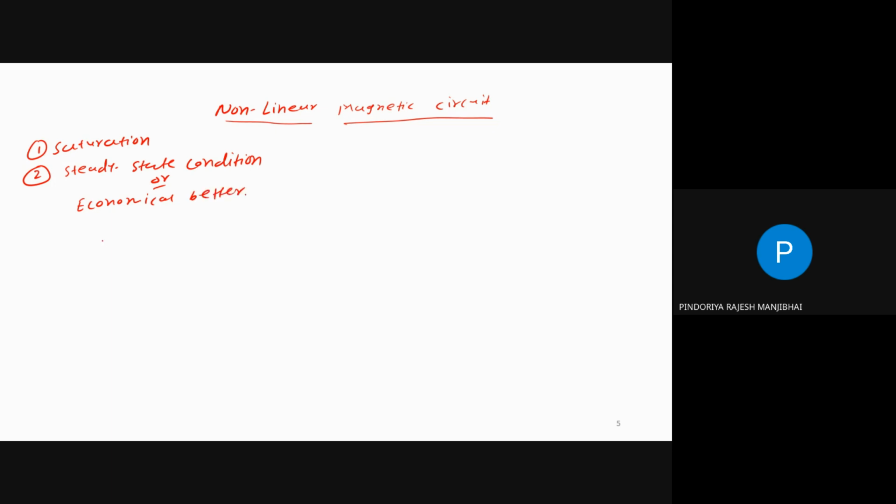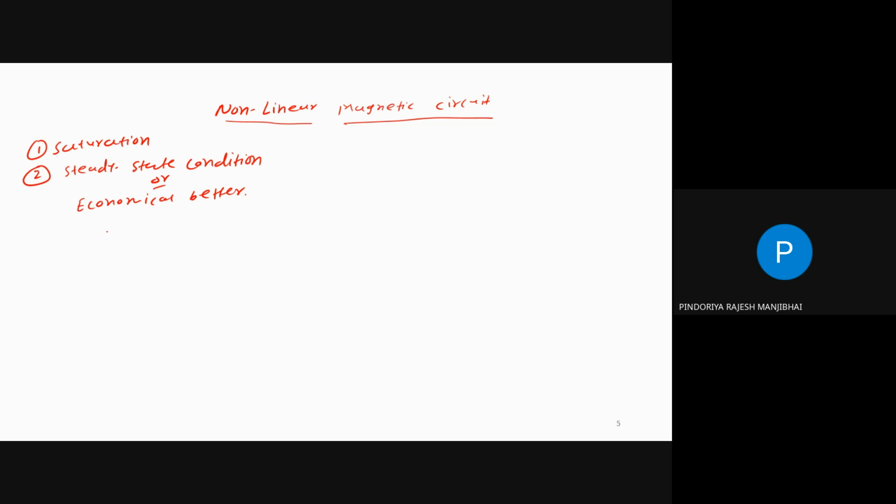Non-linear magnetic circuit. Whenever we say non-linear magnetic circuit, we have to consider two conditions. First one is saturation, and second one is the steady state condition, otherwise the economical better operation.